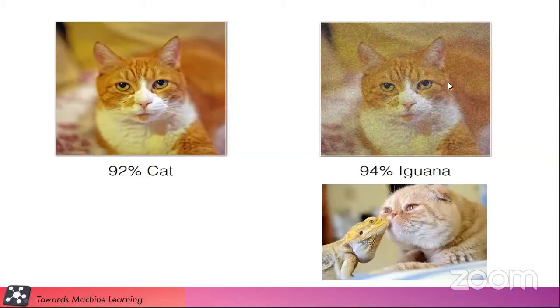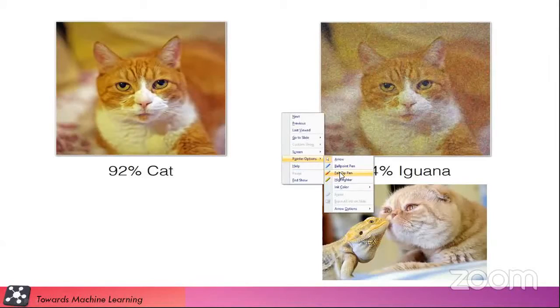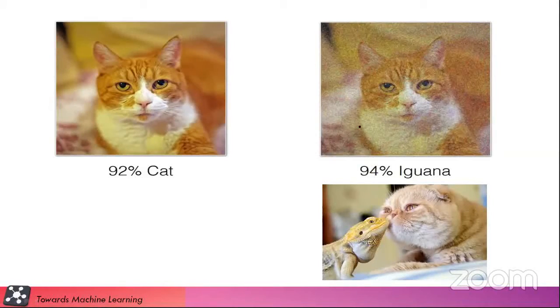This is how the image looks after adding noise, and the same image is classified as an iguana. Although for a human being this is clearly a cat, our network classifies it as an iguana. That is how an iguana looks, so you can check the similarity between these two.